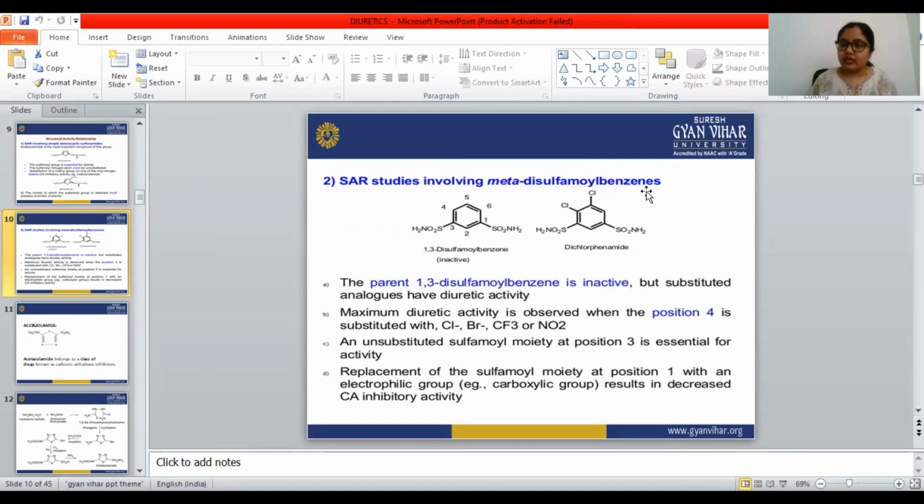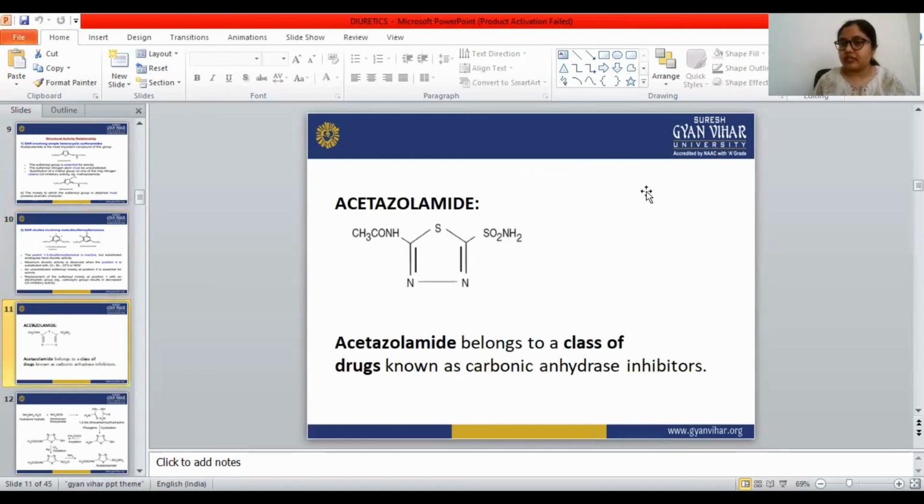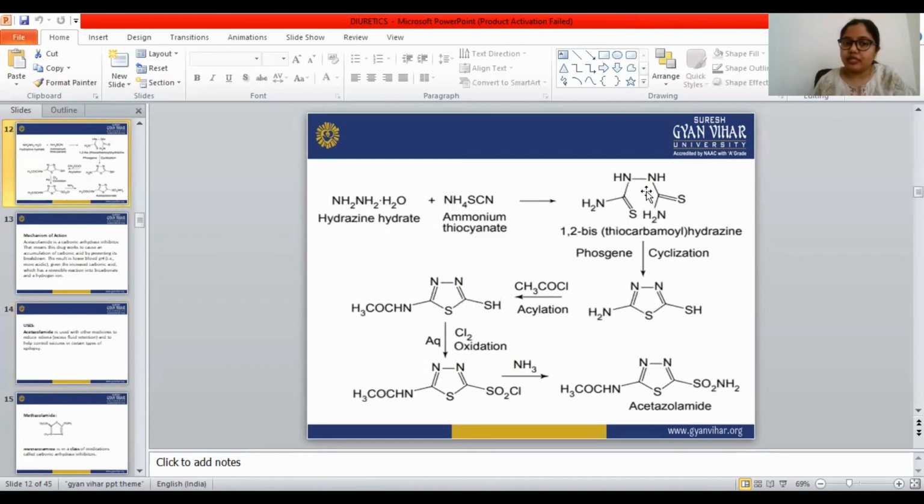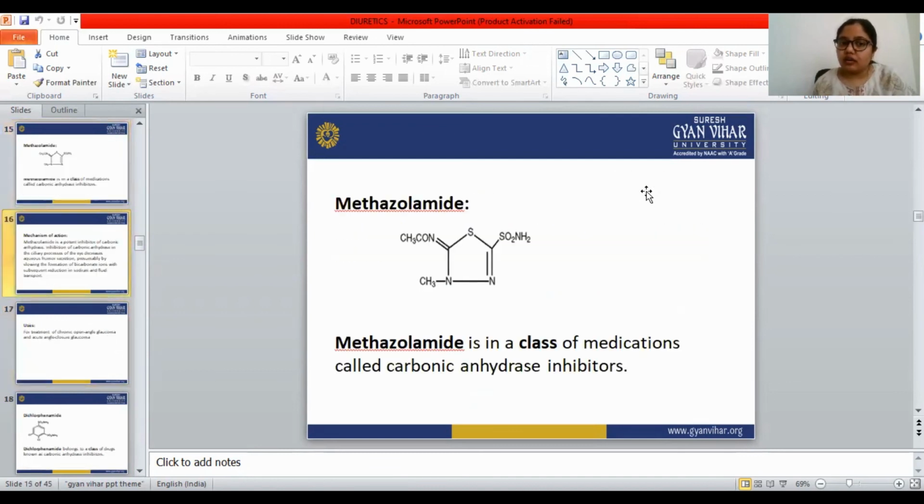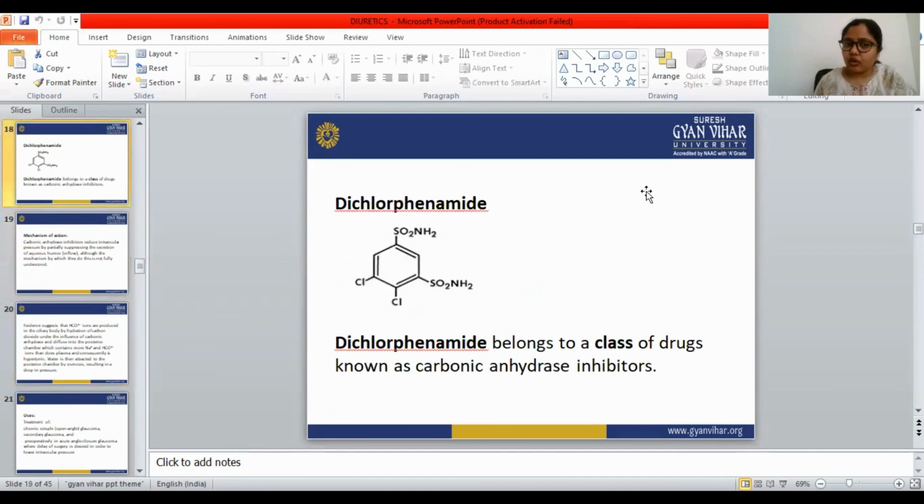We will see the loop diuretics in our next class. We will discuss more about the loop diuretics. In today's class we have only seen the carbonic anhydrase inhibitors, and the examples are acetazolamide, methazolamide, as well as dichlorphenamide. All of these are carbonic anhydrase drugs, and we have seen the synthesis of acetazolamide.